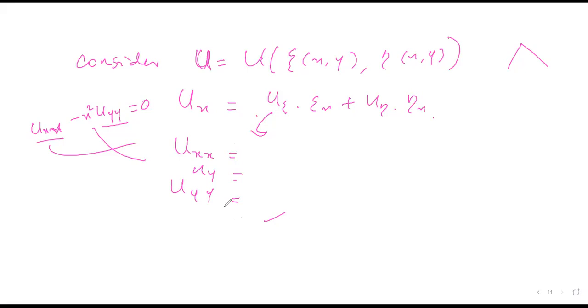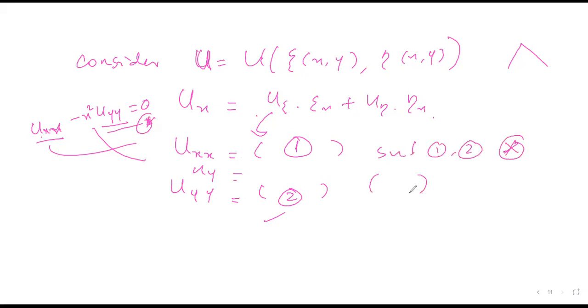Then whatever you find here and here, let's say this is my equation number 1, 2. So you just substitute this 1, 2 in our start equation. Whatever 1 minus x squared, whatever our 2, which is equal to 0 now.